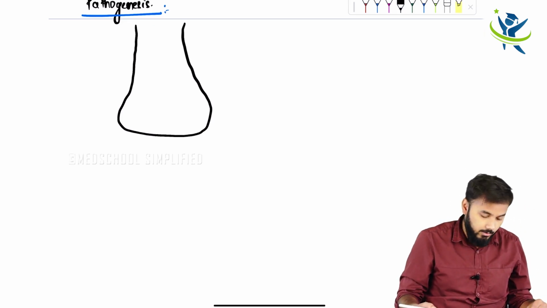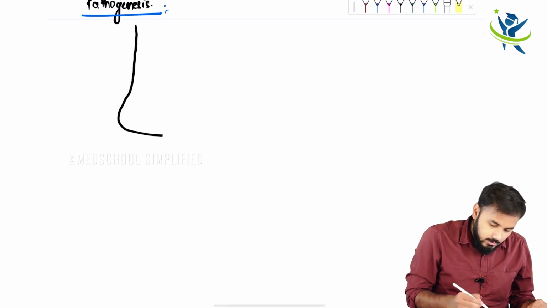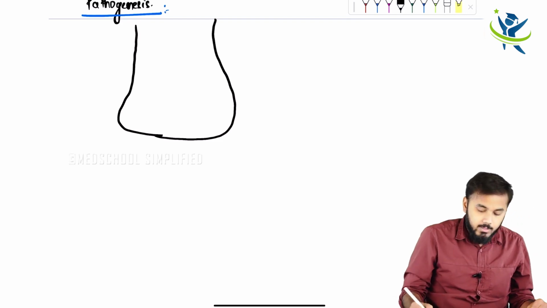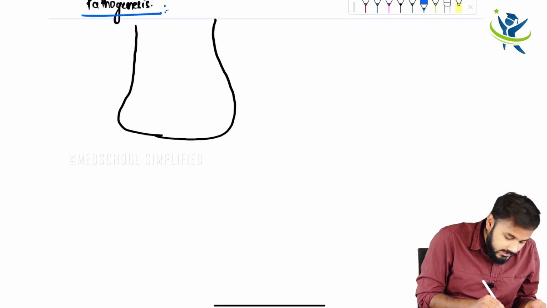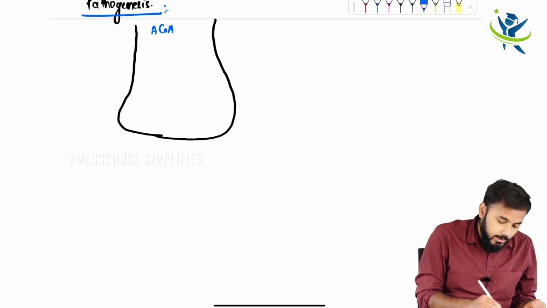This is a presynaptic neuron. Let me draw it a little bigger. Now here we have a molecule called acetyl CoA.